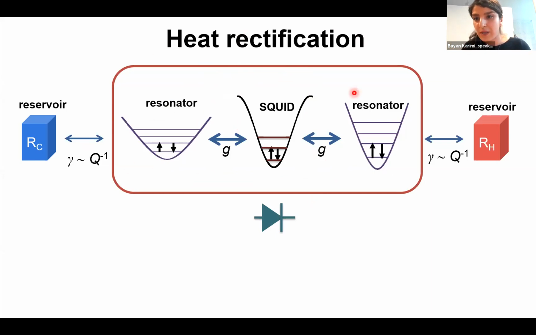The previous regime, which we called the local regime, will not work here, because the qubit cannot be in resonance with both sides at the same time. That's why we are sitting in the global regime for the rectifier.